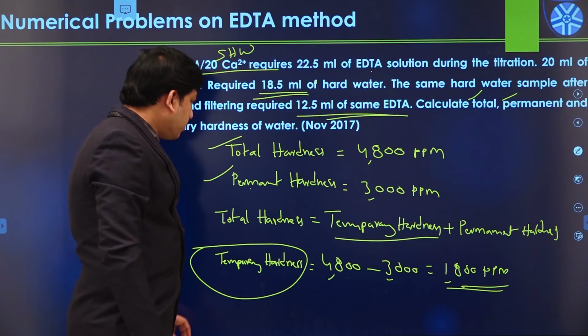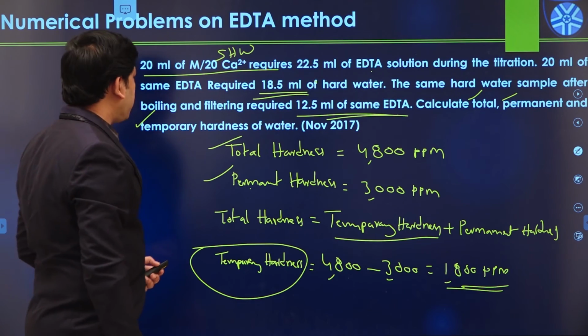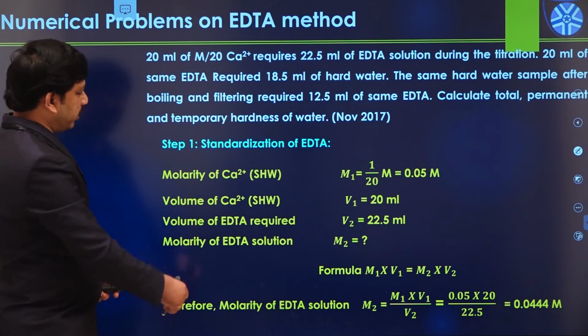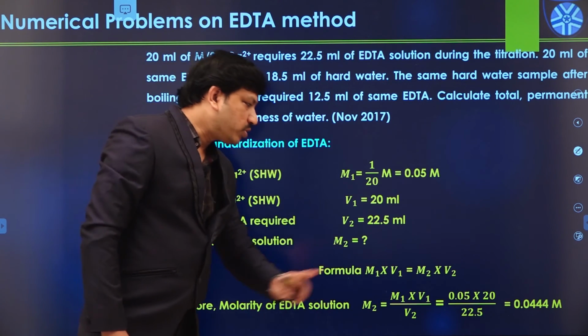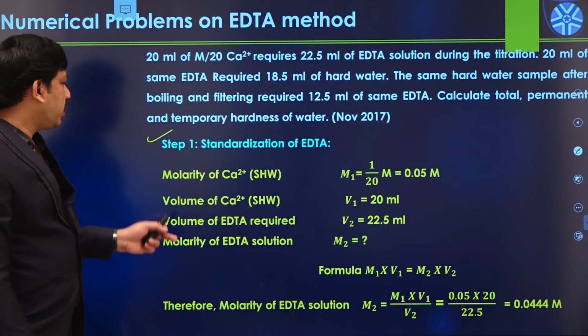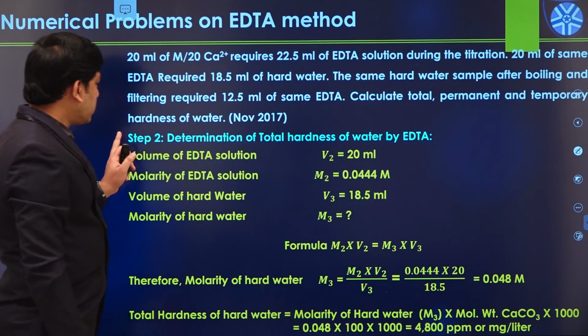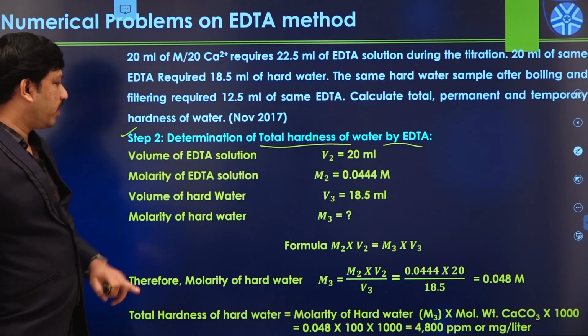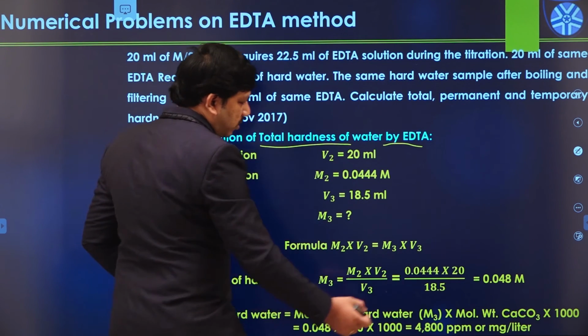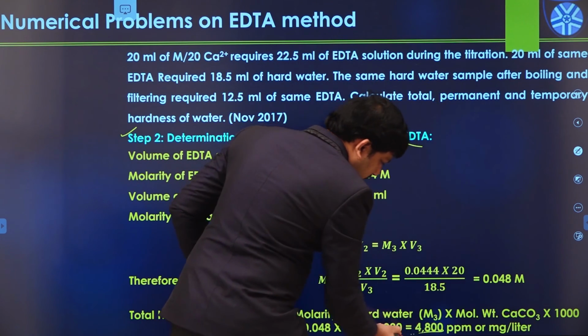Okay. Similarly we have another example also. You can see here the standardization of EDTA solution. We have done all this process and obtained the EDTA standardization. Second step, determination of total hardness of a given water sample from the second statement. We have done the same process. This is the total hardness value, 4800.